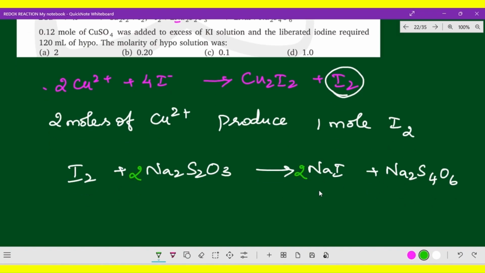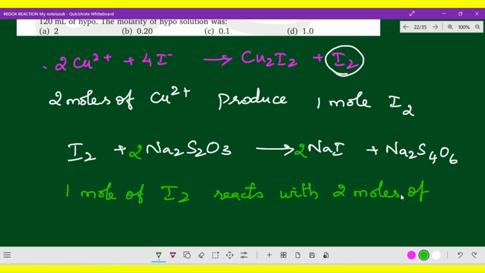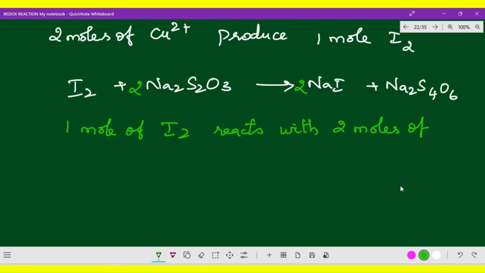Now how many moles required? So balancing also they have provided. So here 1 mole of iodine reacts with 2 moles of hypo, that is sodium thiosulfate, Na2S2O3, hypo.